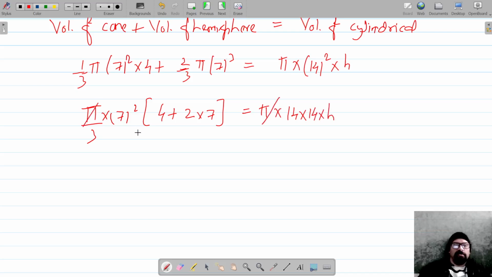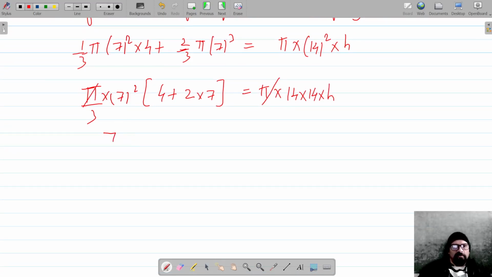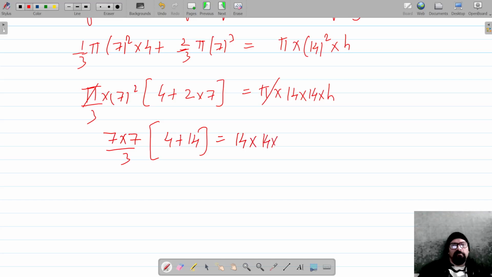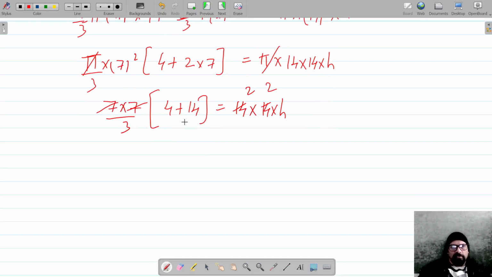Now pi gets cancelled. 7 square is 7 into 7 by 3 into 4 plus 14 is equal to 14 into 14 into h. So 7 twos are 14, 7 twos are 14. And this is 18 by 3 is equal to 4h.